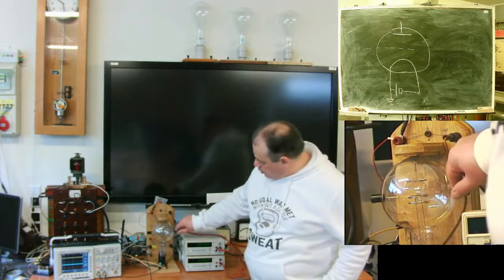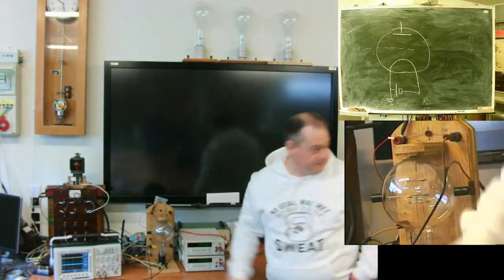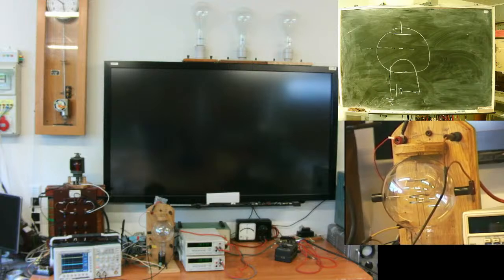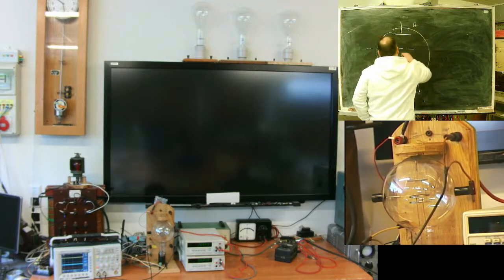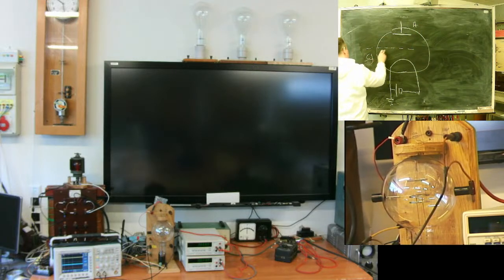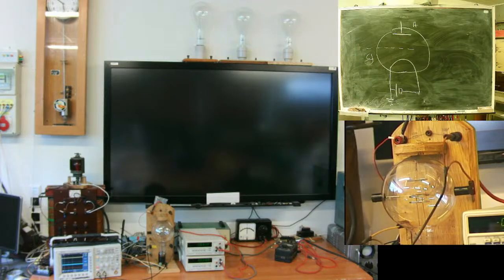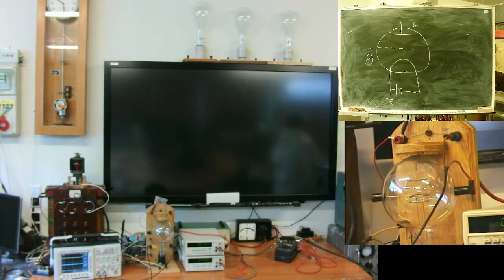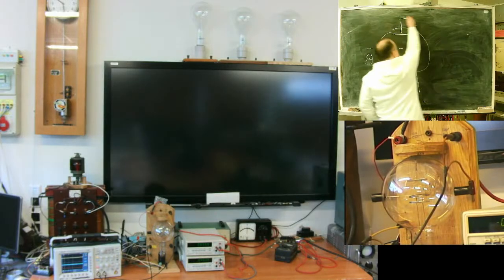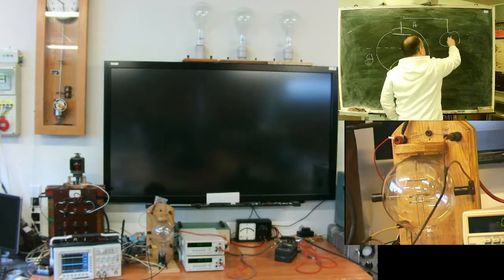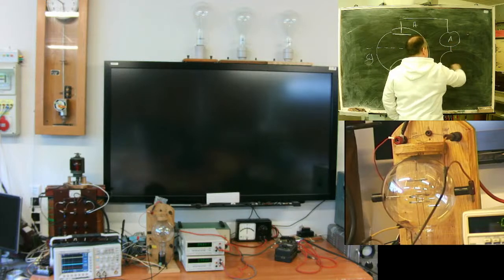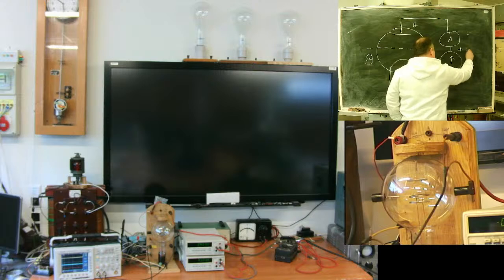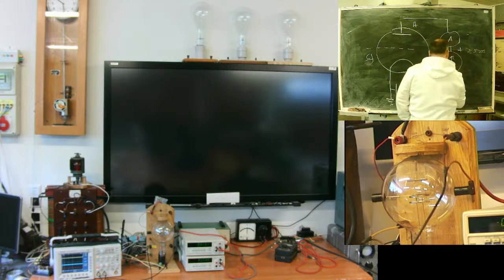Here on the top is a plate or anode, and the grid. Here I have the grid. Ampere meter. 250 volts.